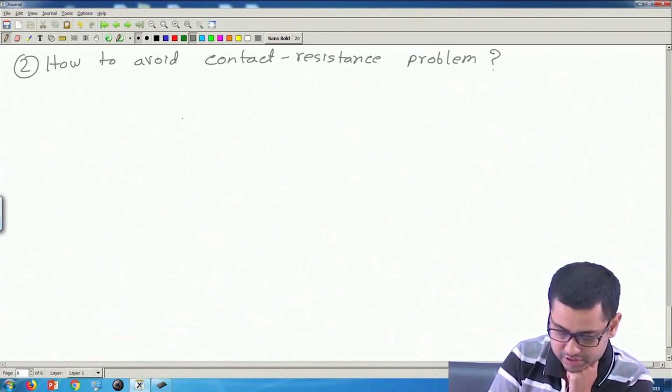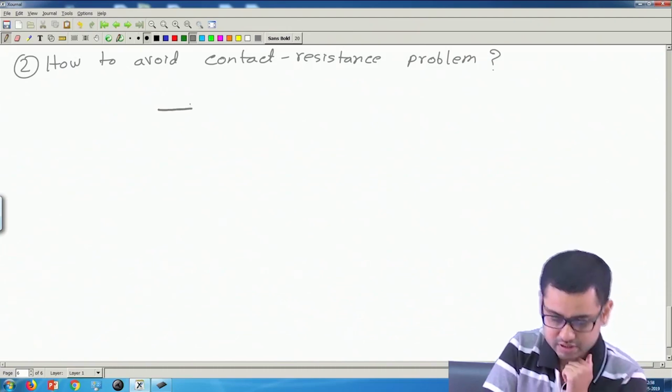We will start by drawing, say, a Wheatstone bridge.